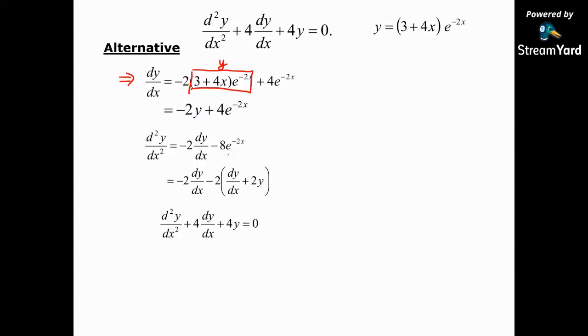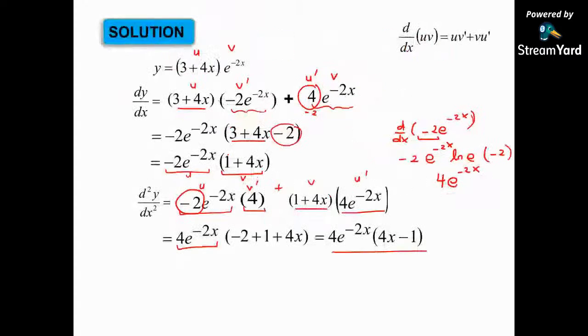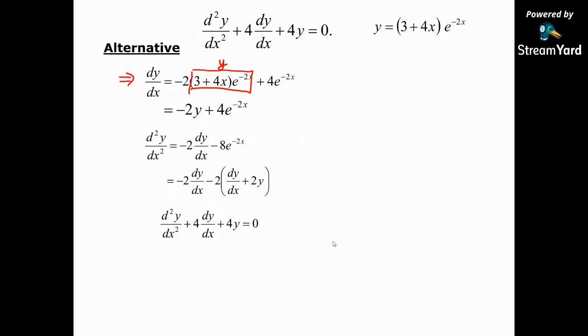In the previous part, we had quite a lot of things for the second derivative because we needed to do another product rule. But for this one, since you already replaced this with y, what you have next is negative 2y. And differentiating negative 2y is simply negative 2 dy over dx.